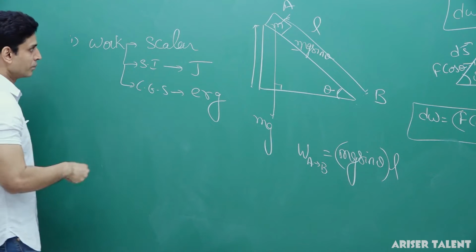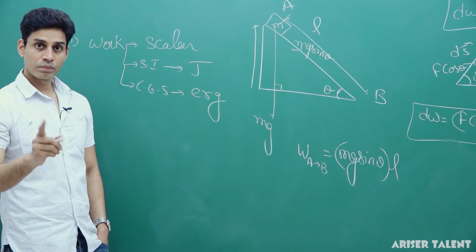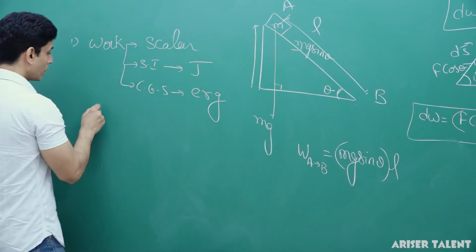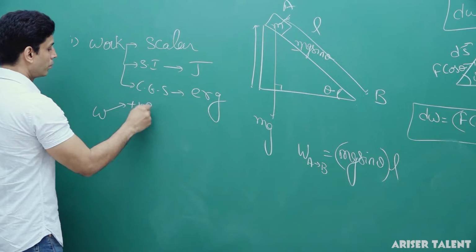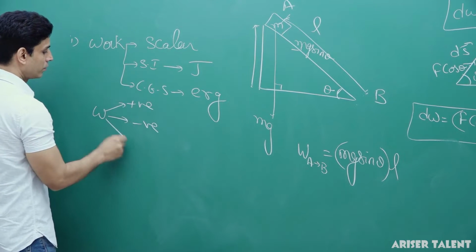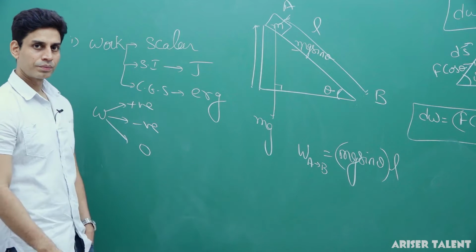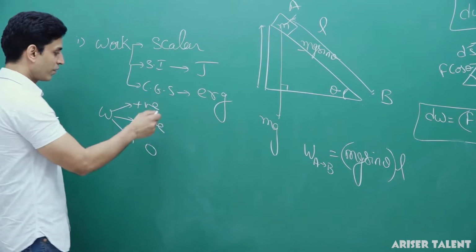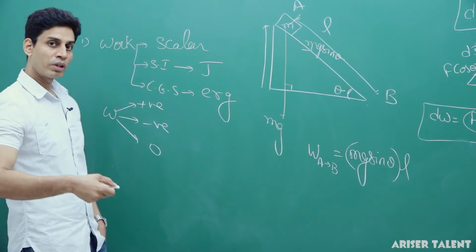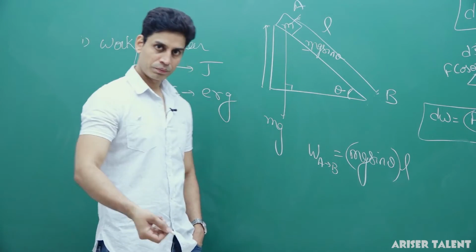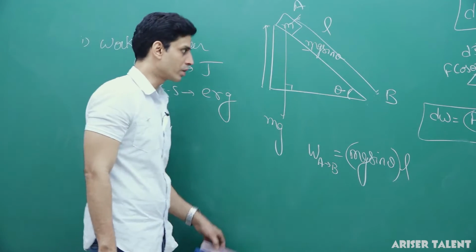As it is a scalar quantity, though it is a scalar quantity, this work can be positive, negative, or can be 0. Okay, positive, negative, and 0, depending upon the angle between force and the displacement. That we'll discuss. Don't worry, that we'll discuss.